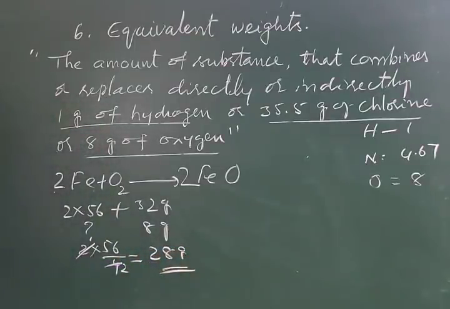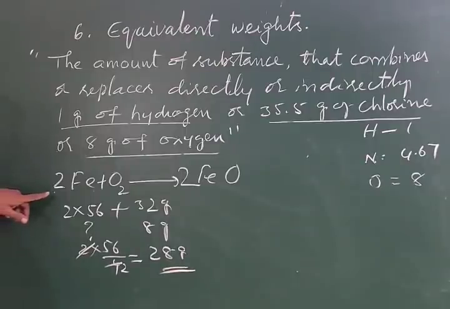That means 28 grams of iron is equivalent to 1 gram of hydrogen. In the case of the element iron, 28 grams of iron is equivalent to 1 gram of hydrogen, or 4.67 grams of nitrogen, or 8 grams of oxygen, or 35.5 grams of chlorine.